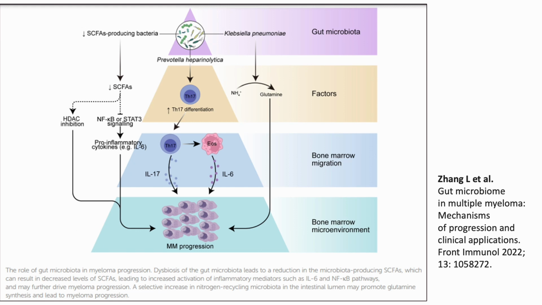This is a nitrogen recycling bacteria which contributes to the progression of multiple myeloma. And we also will speak about short-chain fatty acids. I think everyone has heard about butyrate. If we don't have enough butyrate, a short-chain fatty acid, our cells can activate the NF-kappa B pathway, as well as produce cytokines which again lead to the progression of multiple myeloma.